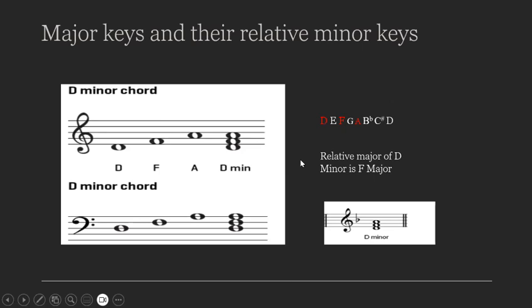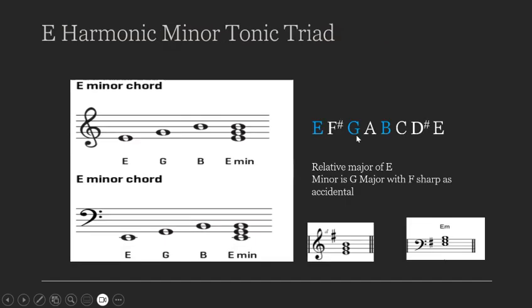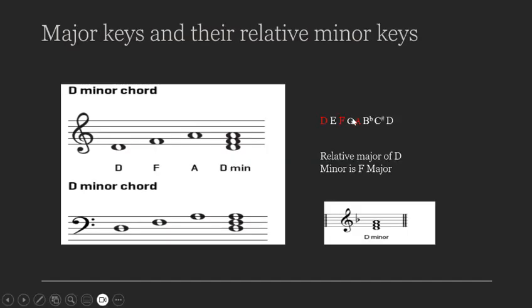Then the last one is the D minor. In this case, what is the relative of D minor? I think we have said that before. That is F major. F major is the relative of D minor. So it means that B is flattened in F major. But we are writing our triads on D, the tonic, which will be what? D. The third note will be what? F. The fifth note will be what?